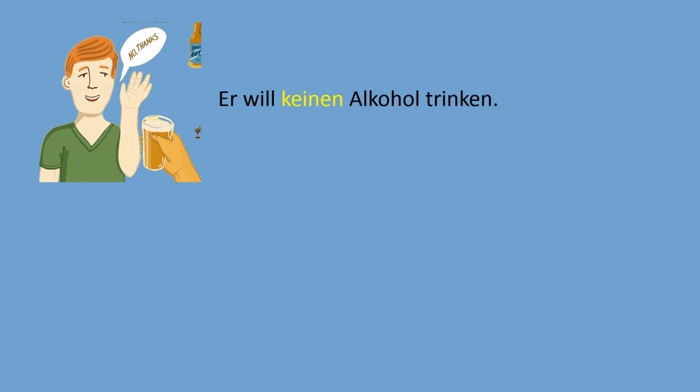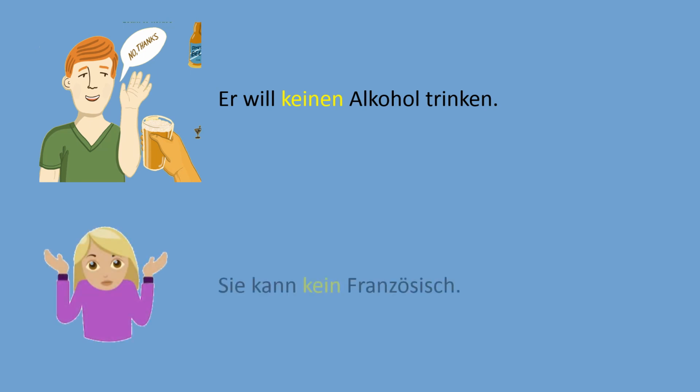This is still our direct object, but we use the negation kein. The same negation we use, for example, for languages. Sie kann kein Französisch. So she cannot speak French. So we use kein in front of a noun, which as usual we use without any definite articles. In this case, it's possible to use the negation kein with modal verbs.